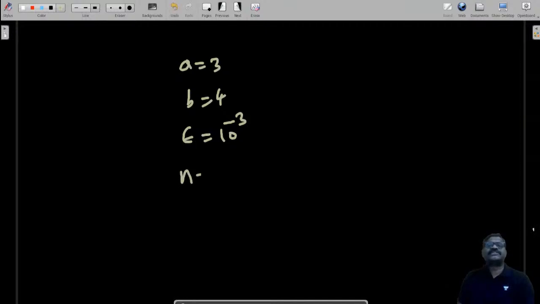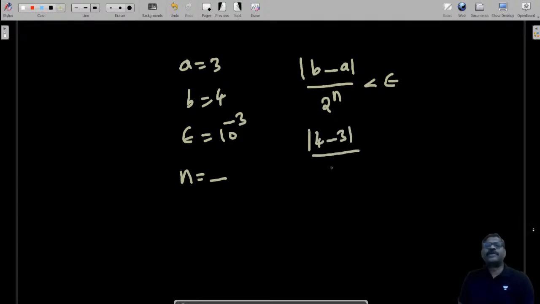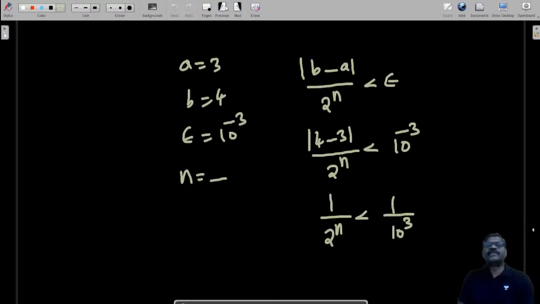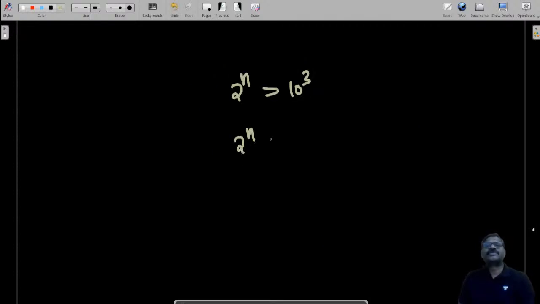Now the number of iterations is unknown. Modulus of (b minus a) by 2 power n less than epsilon. Modulus of (4 minus 3) by 2 power n less than 10 power minus 3. 1 by 2 power n less than 1 by 10 cube, that is 2 power n greater than 10 cube, that is 2 power n is greater than 1000.